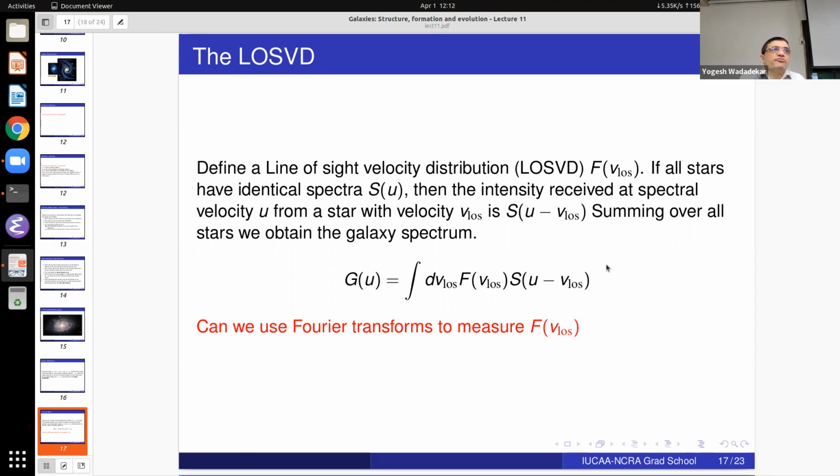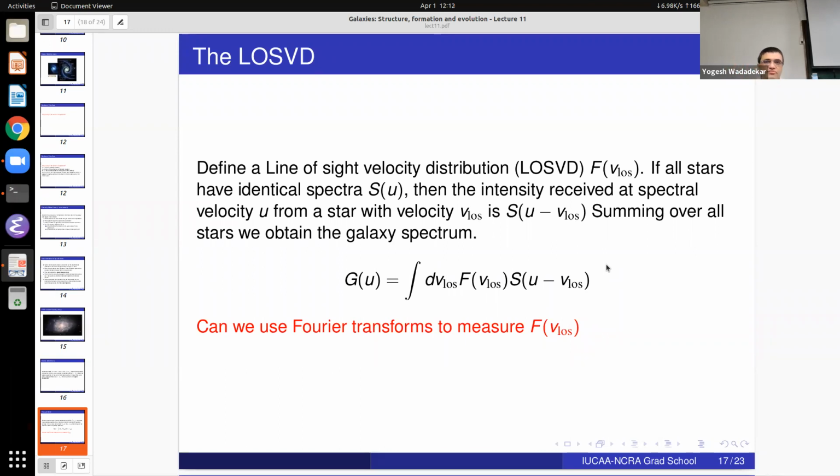We will call it F as a function of V_LOS. If all stars have identical spectra, then the intensity received at spectral velocity u from a star with velocity V_LOS is nothing but S(u minus V_LOS).